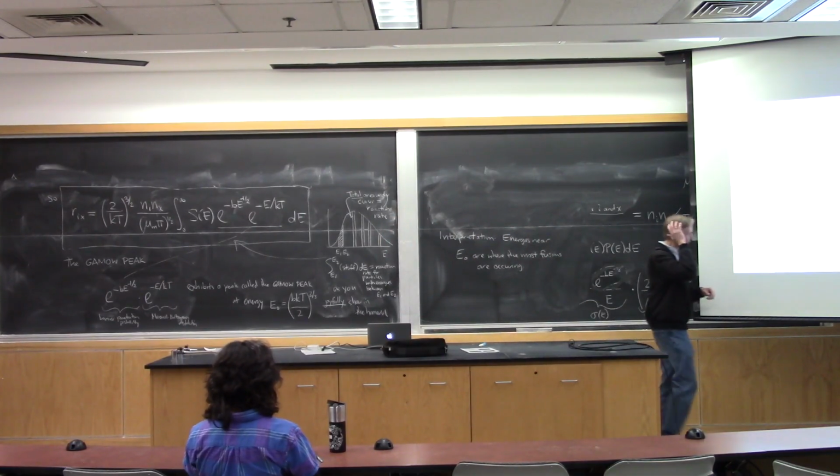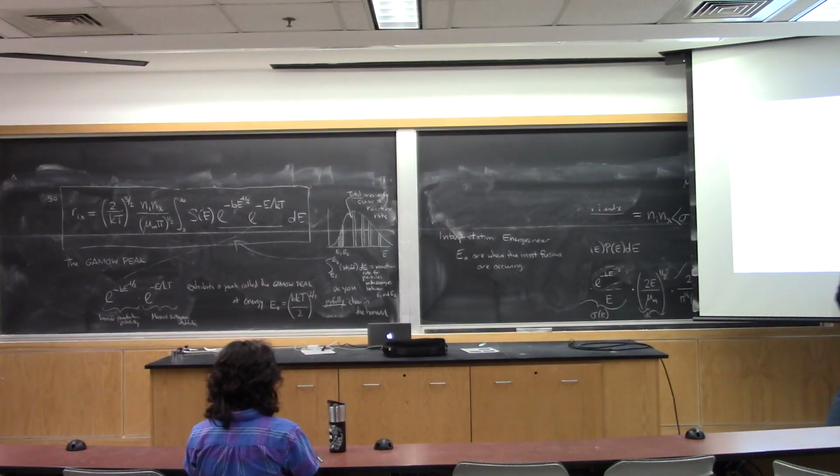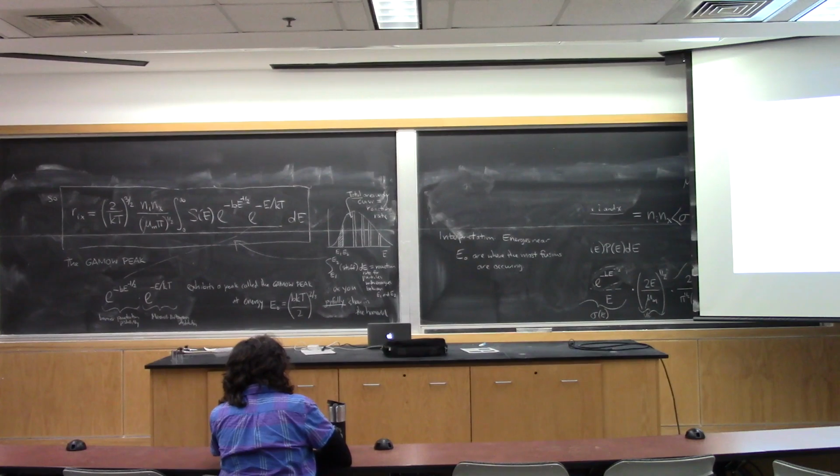Because there's a combination of things here. The barrier penetration probability tells us how likely two protons are to fuse if they have that energy, and that's definitely getting bigger and bigger as the energy increases.